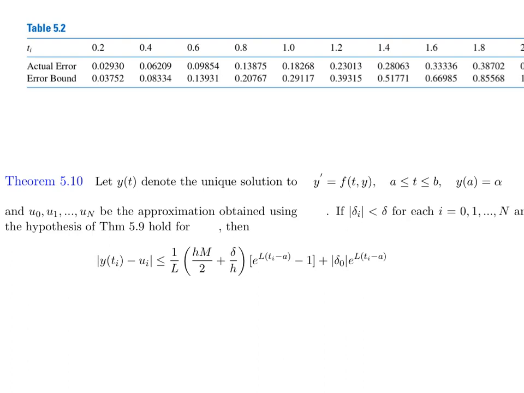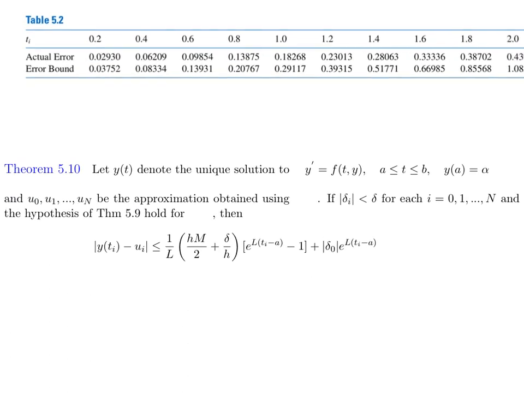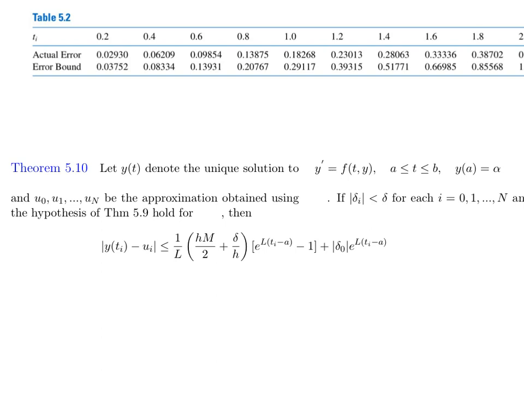Notice how the error bound is bigger or significantly bigger than the actual error, especially as the value for t increases, even though the error bound was calculated using the actual derivative, because we know what y(t) is, so therefore we have the exact solution, and hence we can find the second derivative and bound it. So even though we have this, you can see that the error bound is significantly bigger than the actual error.